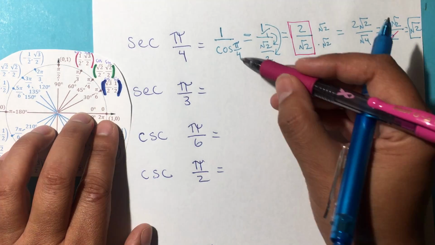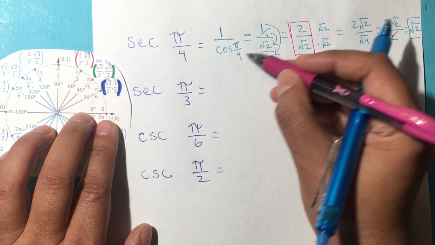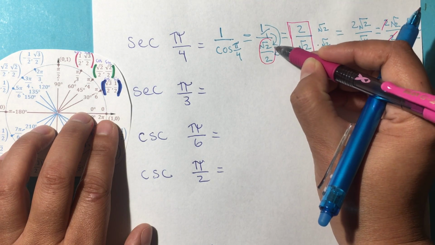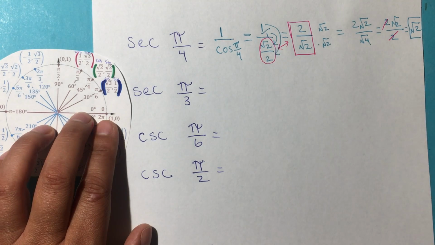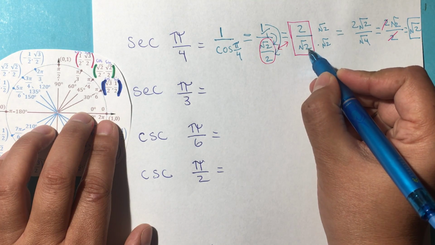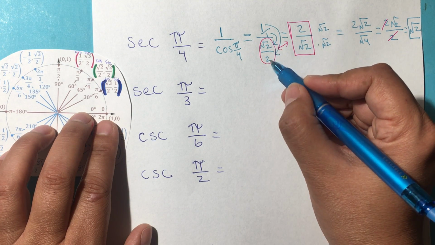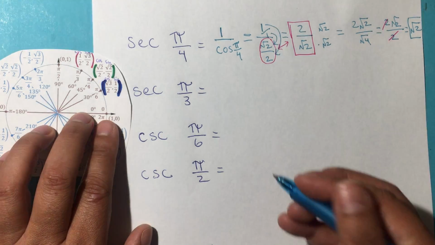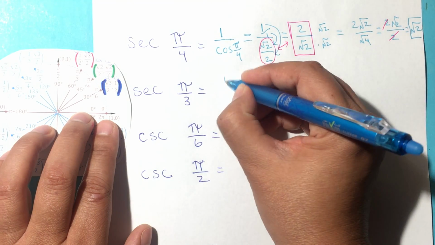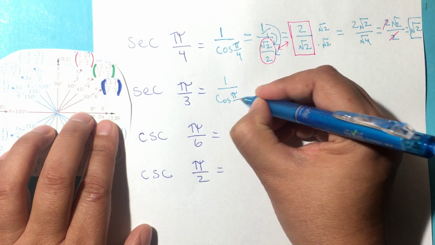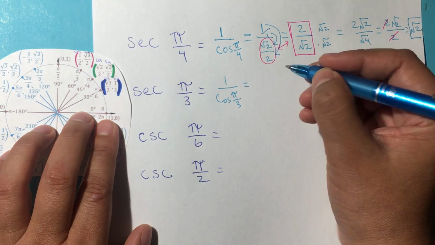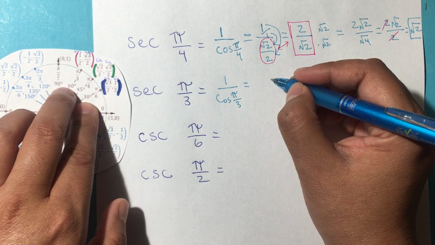You can notice in here is the cosine of pi over 4 that we substitute in here, and these are exactly the reciprocal of each other. Square root of 2 is down here, the 2 is over here. Okay, for the next one, same thing, 1 over the cosine of pi over 3. The pi over 3, remember that is with the 60, the 3 with the 6.